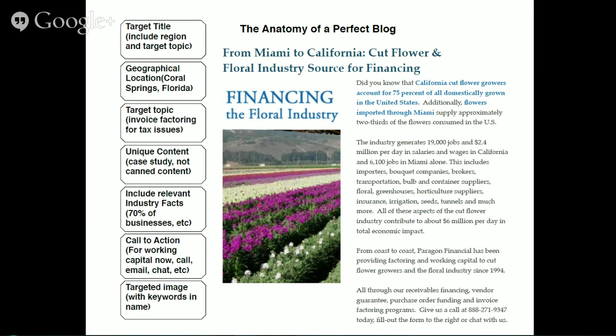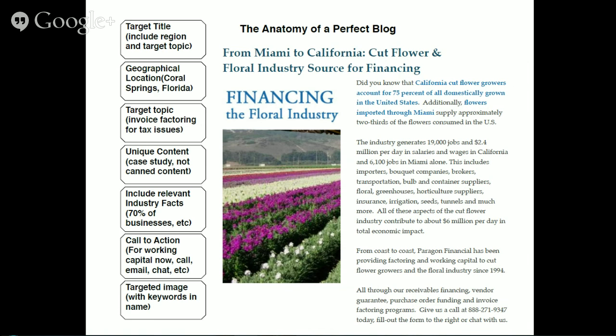And then something else that I've always liked to do is optimize an image along with the blog. So you can see that I've actually added words, keywords, to the image itself. And I don't know this for sure, but I do believe that Google can scan an image and read it and see if there's any relevant text on that image.